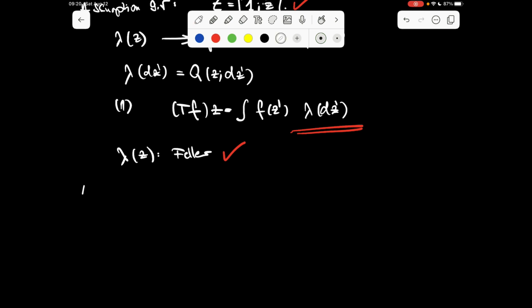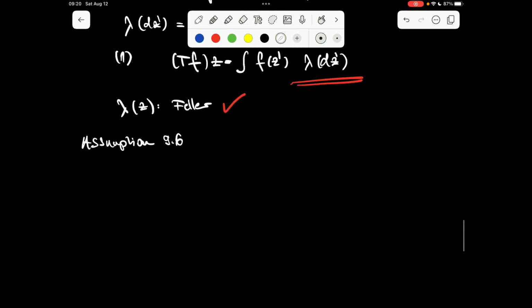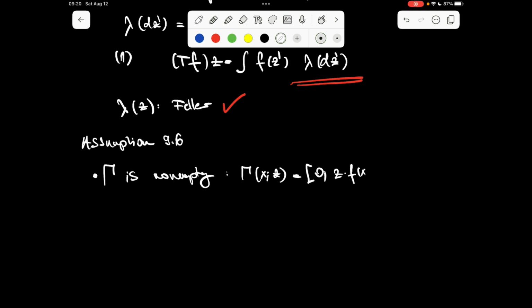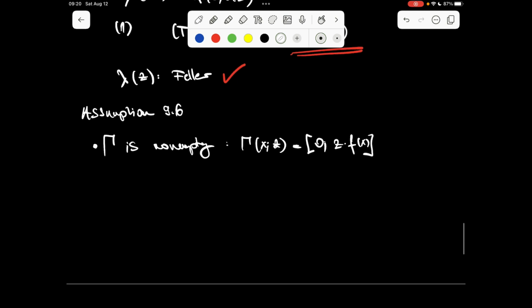The next assumption is 9.6. It has 3 parts. First, gamma is non-empty. Gamma is non-empty because we have this correspondence, which is non-empty because in the worst case 0 is in the set, so it cannot be empty.